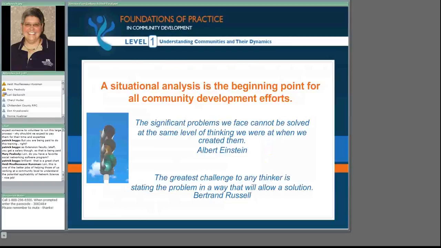To me, if you don't start with a situational analysis, then you're jumping into the middle of it, and you may find yourself in trouble. So I see a situational analysis as the beginning point for all community development efforts. And I love quotes, but I think both of these really get to the heart of this.